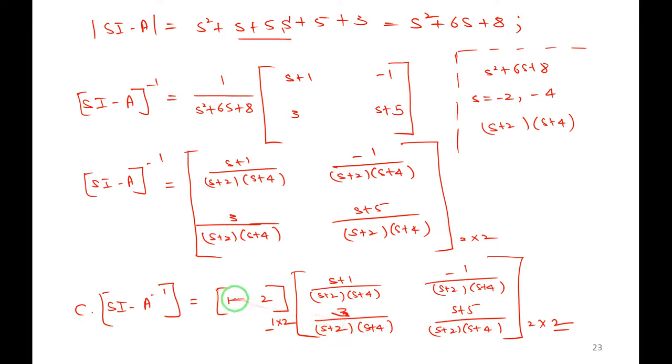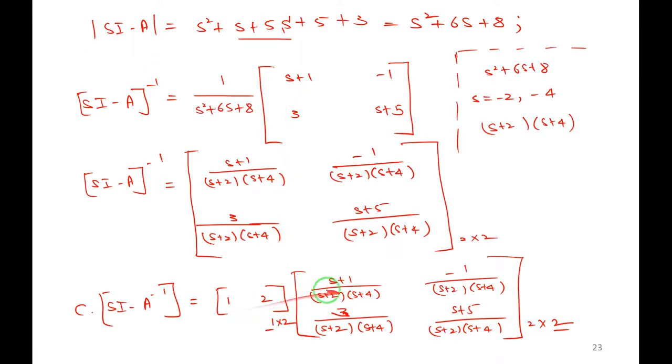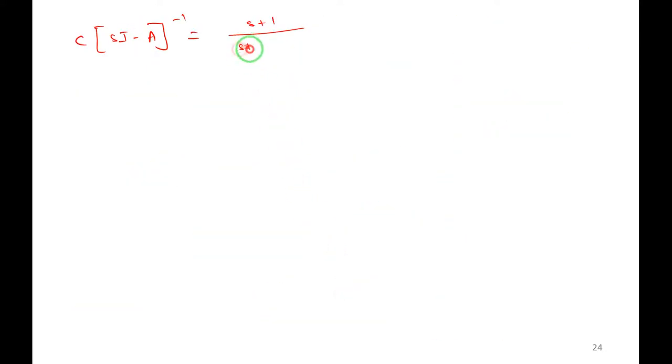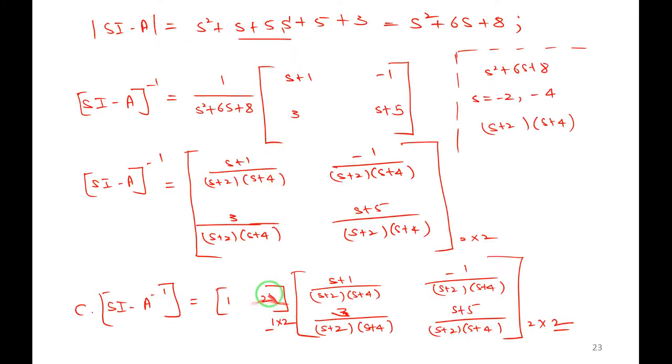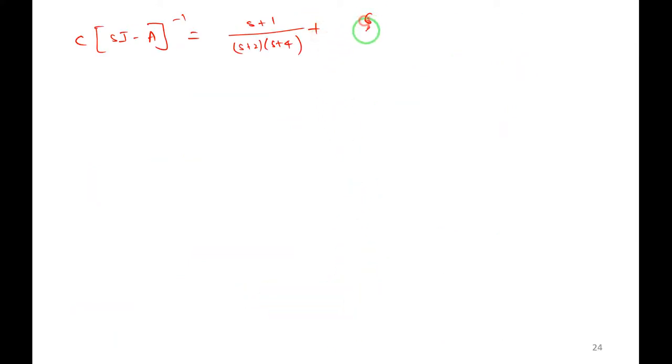So 1 into s plus 1 divided by (s plus 2)(s plus 4), plus 2 into 3, which is 6, divided by (s plus 2)(s plus 4).